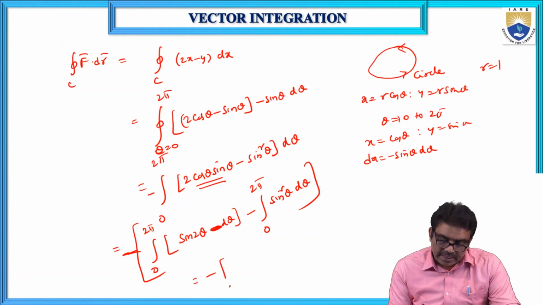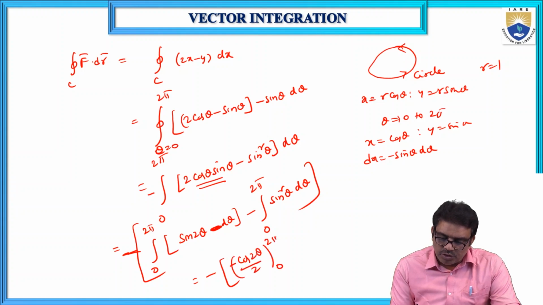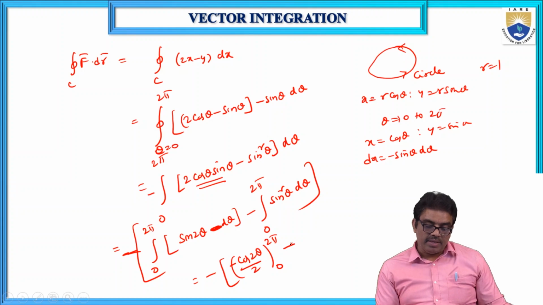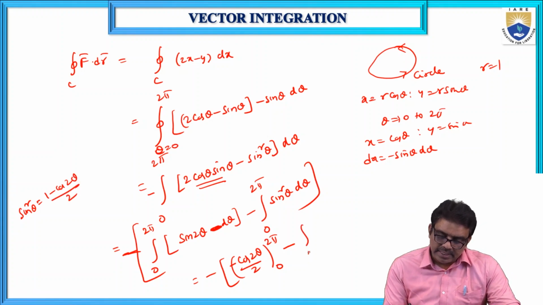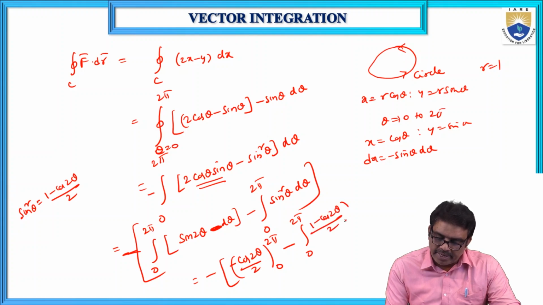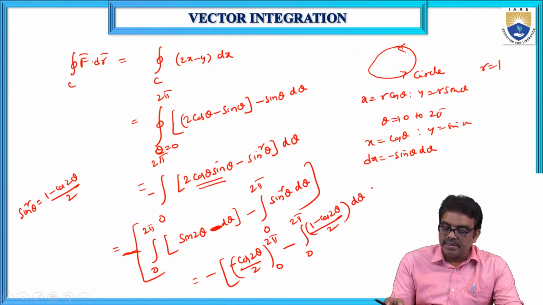The integral of sin 2 theta is minus cos 2 theta by 2. For the second integral, sin square theta can be written as (1 minus cos 2 theta) by 2.